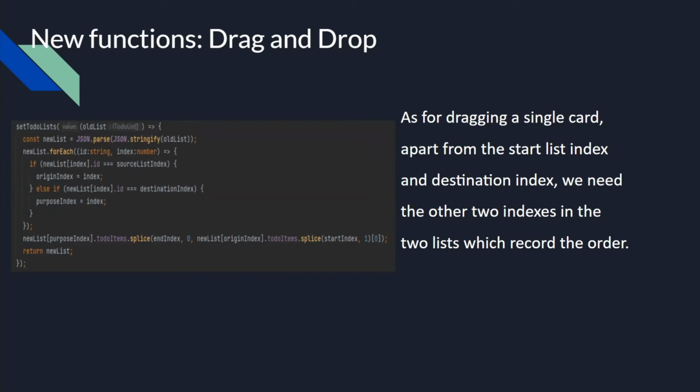So I find the order and the destination first, then I start to operate the two lists using Sortable. To finish this function completely, I need the backend support. So please, Zhifeng, introduce this part.